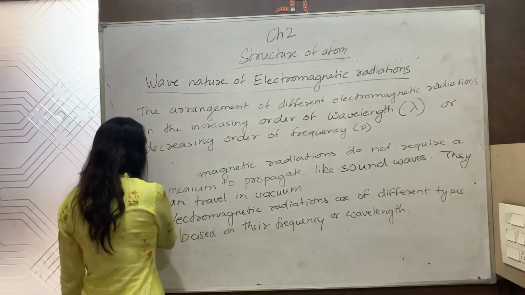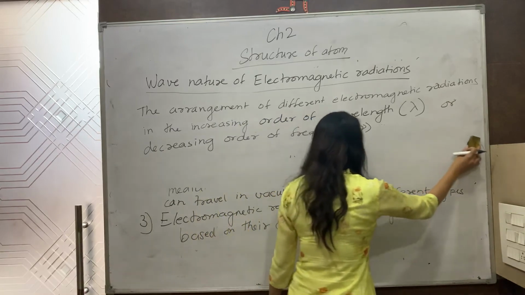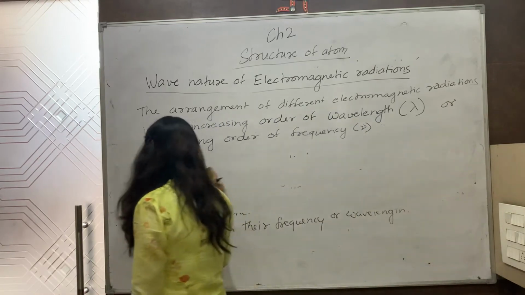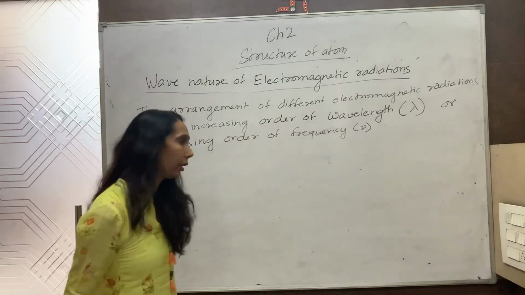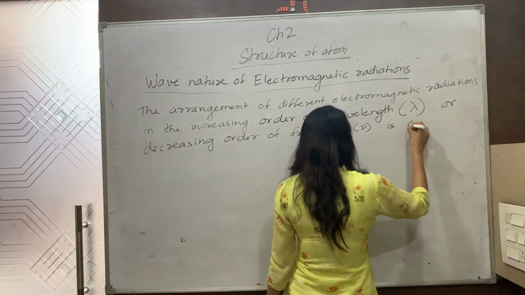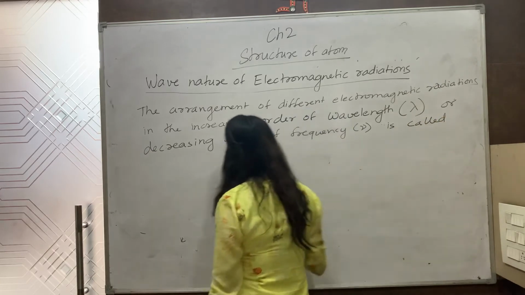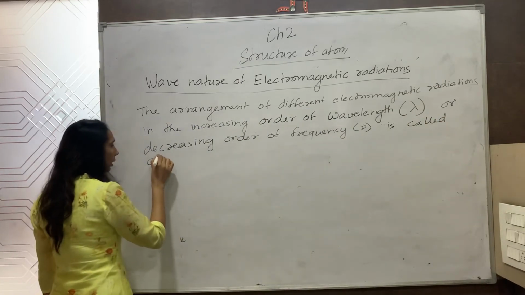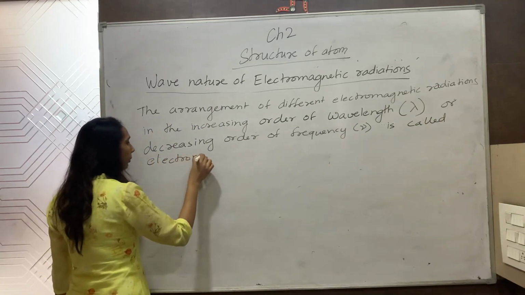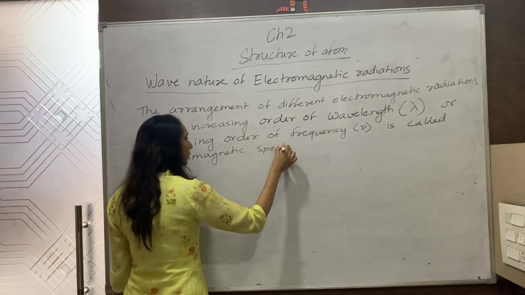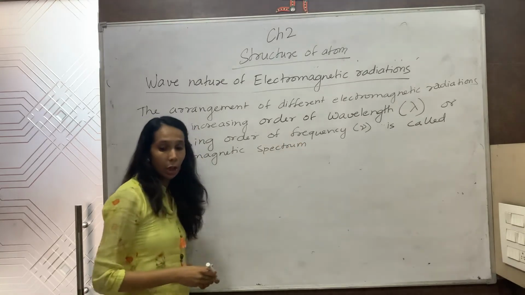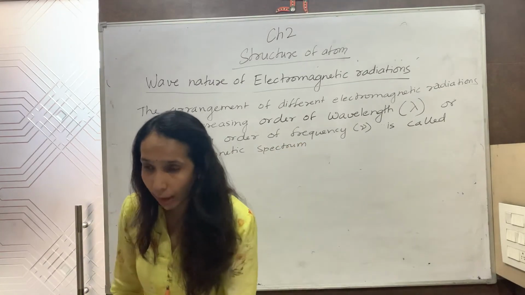Then this arrangement is called the electromagnetic spectrum. So let us see the electromagnetic spectrum.